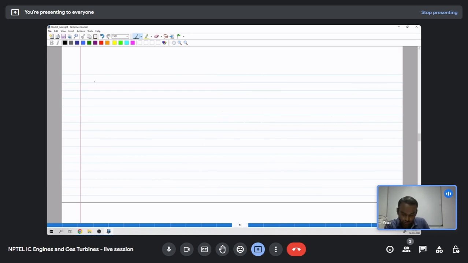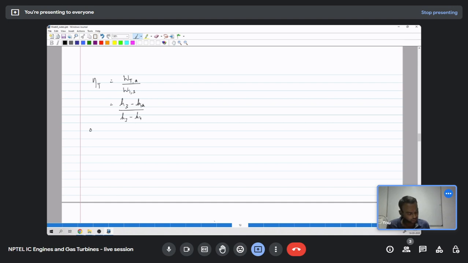So we know the efficiency of the turbine is the actual work output divided by the ideal work output. So this is H3 minus H4A divided by H3 minus H4.